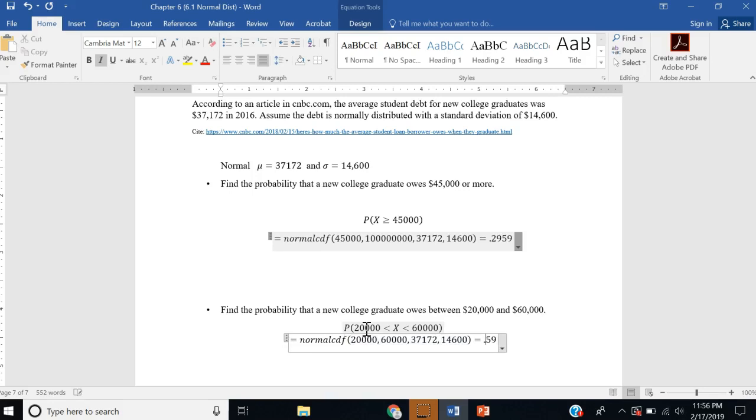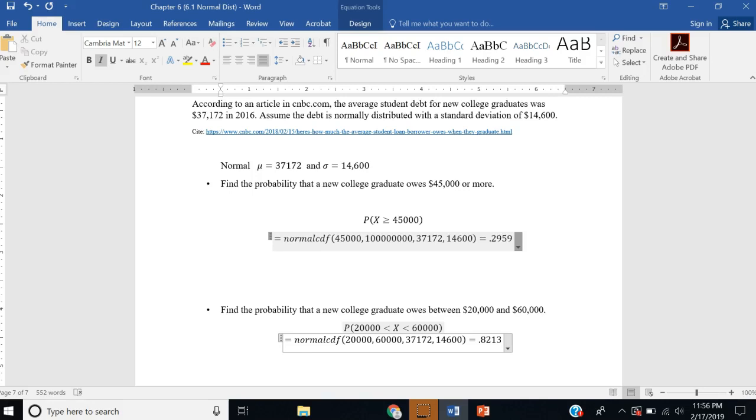So 0.8213 is the probability that a new college graduate has between $20,000 and $60,000 worth of debt.